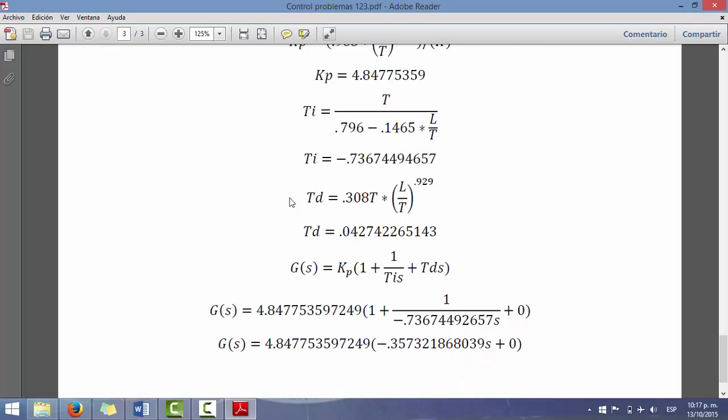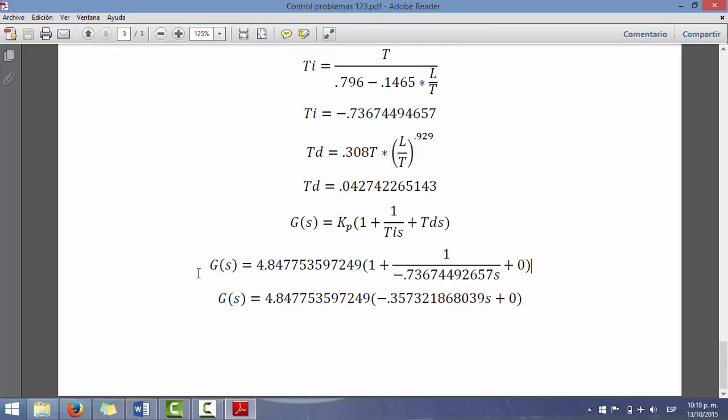If we used that, we would add it to the transfer function, but since it's a PI compensator, we will not use it. So we get this result, and we will use these results for the next step of the activity.